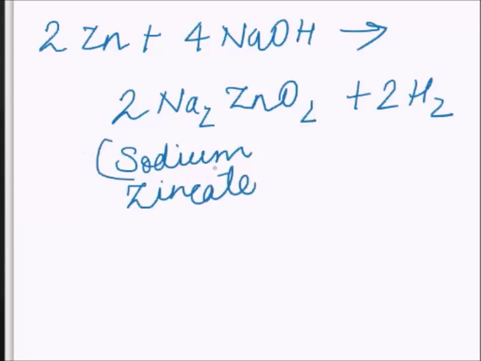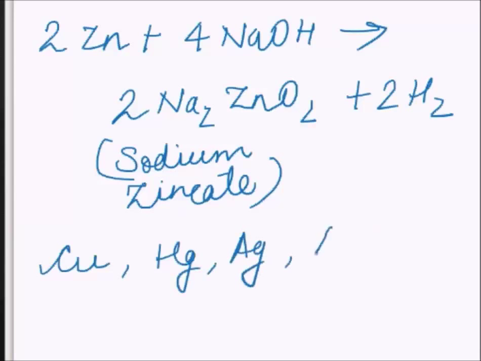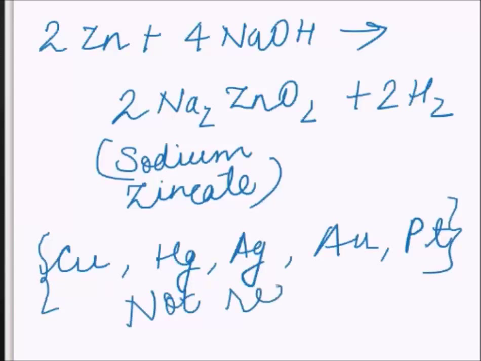This is also soluble in water. The metals such as copper, mercury, silver, gold and platinum, which occur below hydrogen in the activity series, do not react with alkalis. These metals do not react with alkalis.